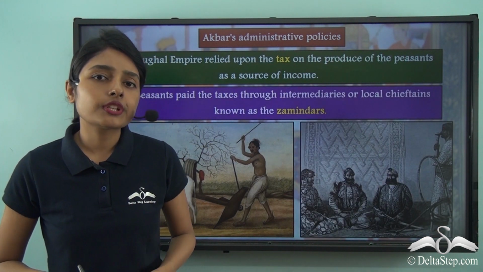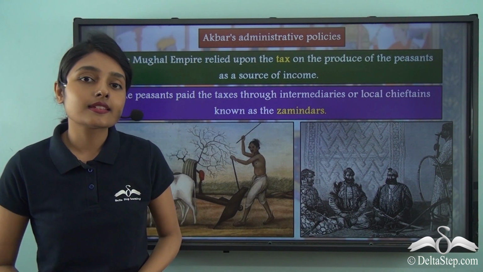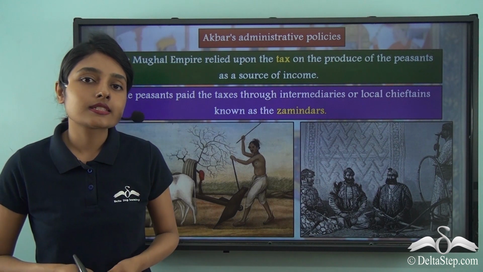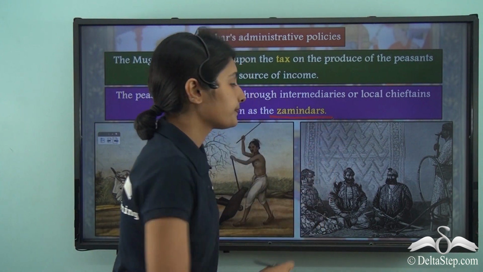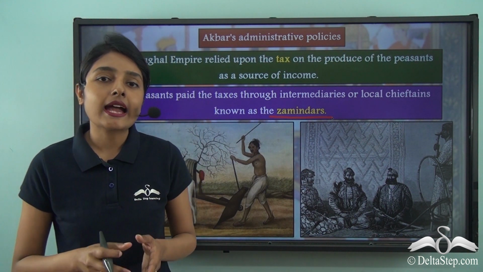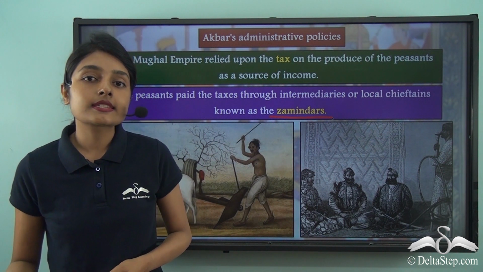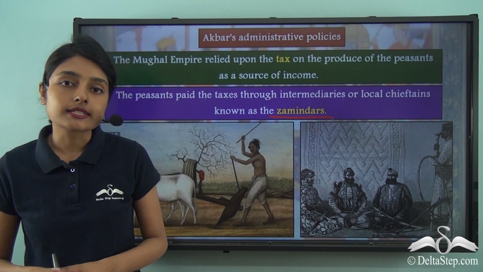Now, how do you think these poor peasants paid their taxes to fill the Mughal treasury? To this end now came into being the zamindars. The zamindars acted as the intermediaries between the peasants on the one hand and the Mughal emperors on the other hand.